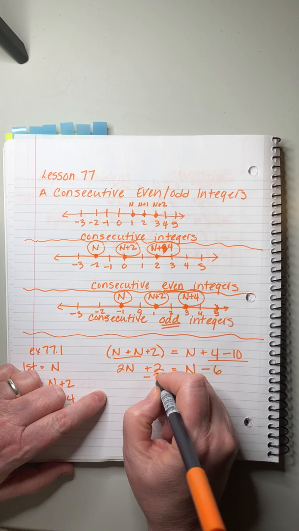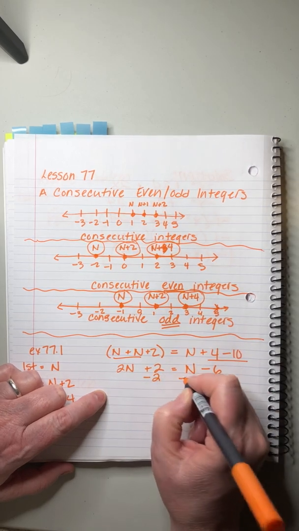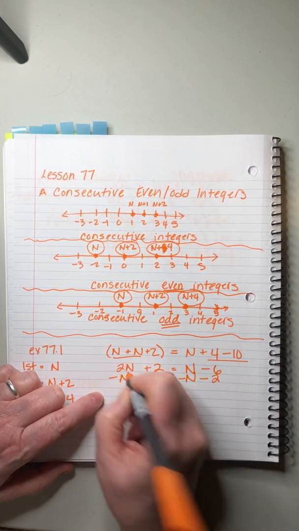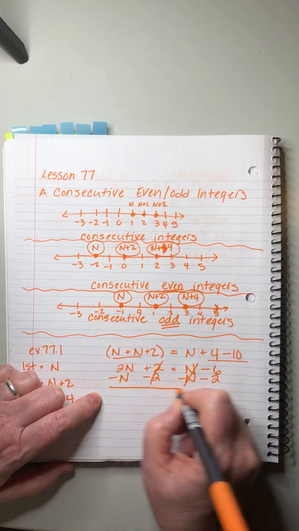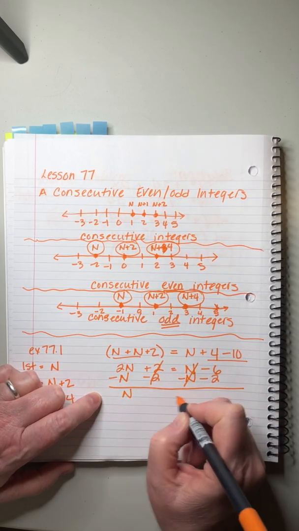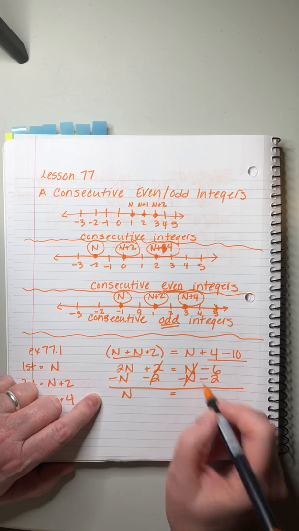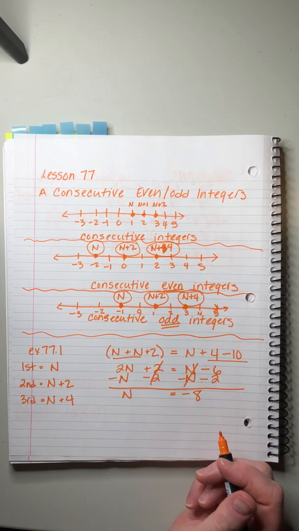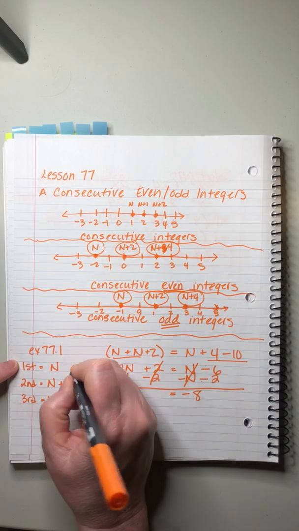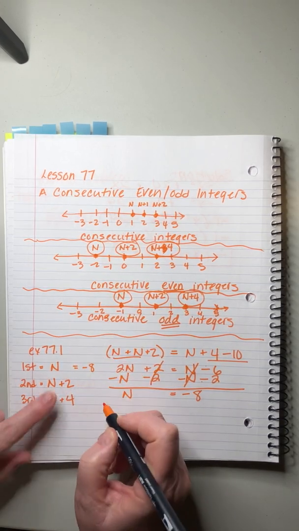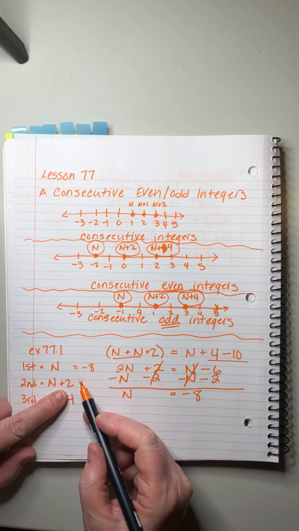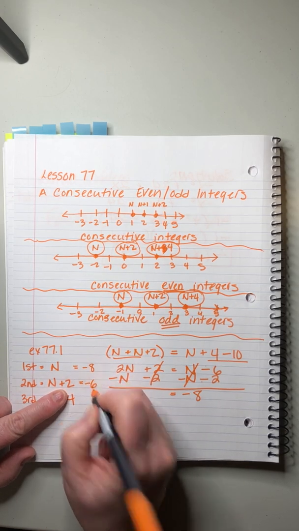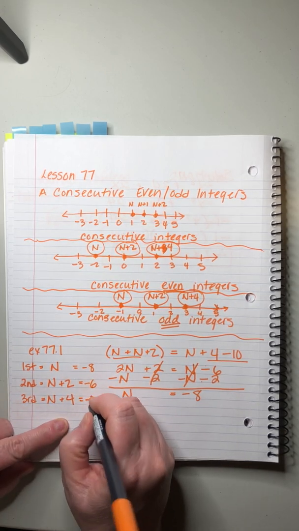All right, let's subtract 2 from both sides, and then let's subtract that n. Let's swim him over this way. Goodbye, goodbye. N equals negative 8. So our first one is negative 8. Then our second one is going to be negative 6. And our third one is going to be negative 4.